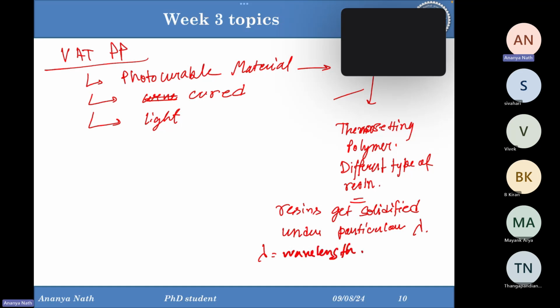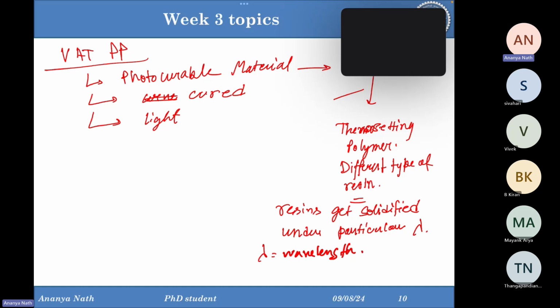Okay. So you can find a resin which is 350 nanometer curable. One is 450 nanometer curable. One is 294 nanometer curable. So you have to expose that resin under that particular UV ray or light only. UV light is a light source which has a broad wavelength spectrum, but the spectrum starts from 350 and below.